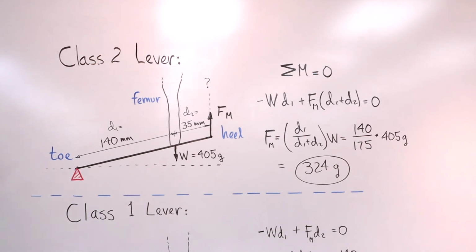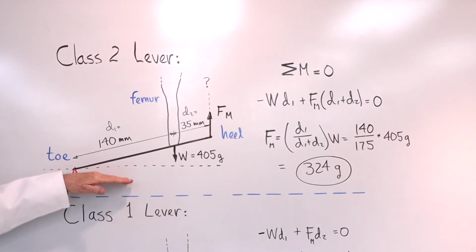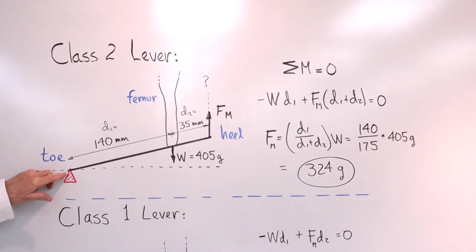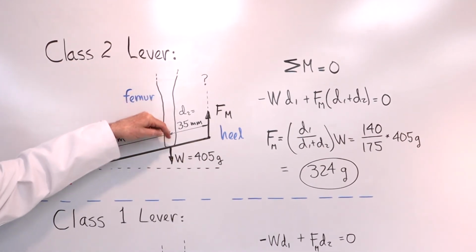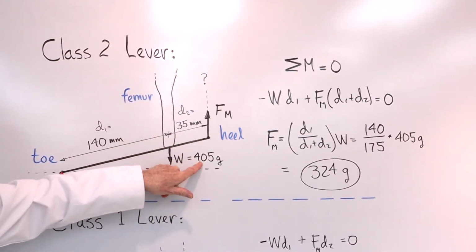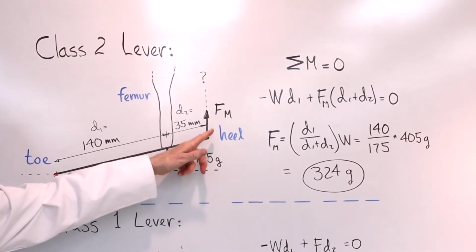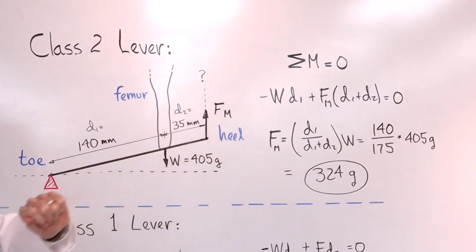Now here I've assembled some equations which represents our model of the Class 2 lever standing on your toes. The pivot is where the toe pivots around the ground. Here is the femur, which represents the body weight in our model as 405 grams. And the gastrocnemius muscle is attached to the heel, and we're going to find the force of the muscle necessary to raise the heel off the ground.